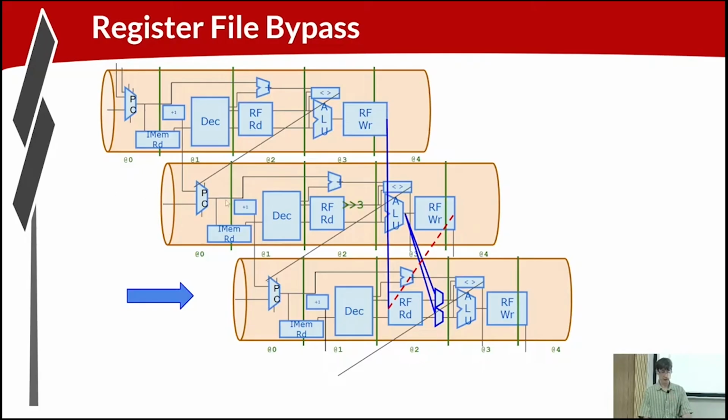If this instruction's result is in the same register as this instruction's source, we need to use this value. So this path through the register file is fine. This path is broken. We'll fix this broken path with this forwarding path.